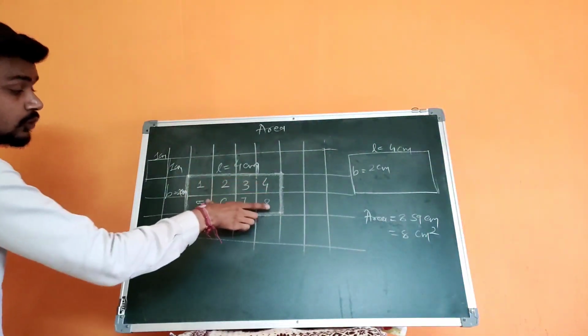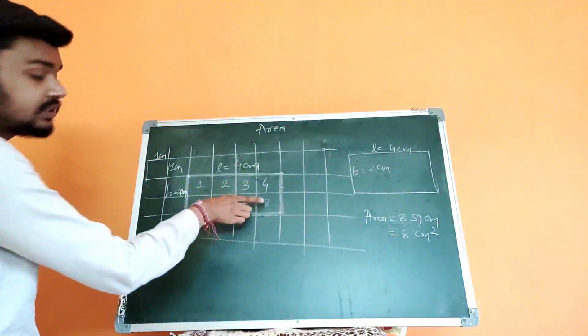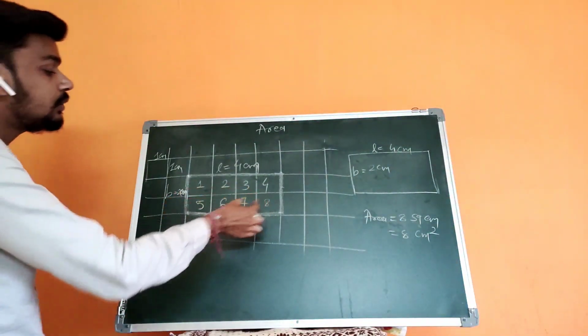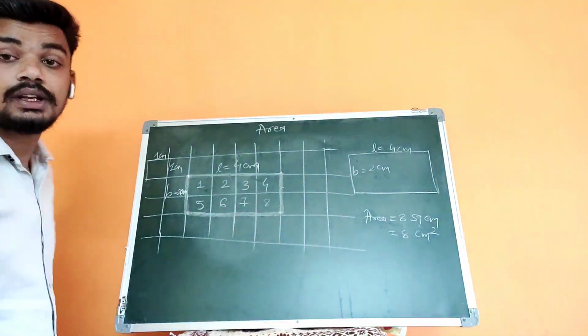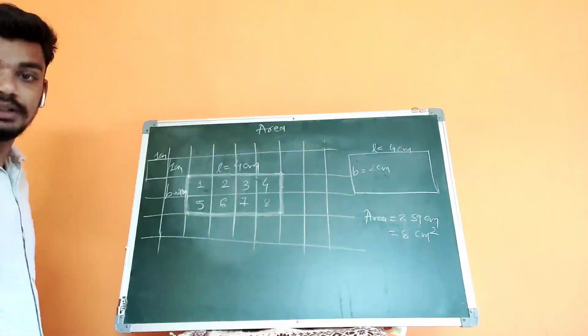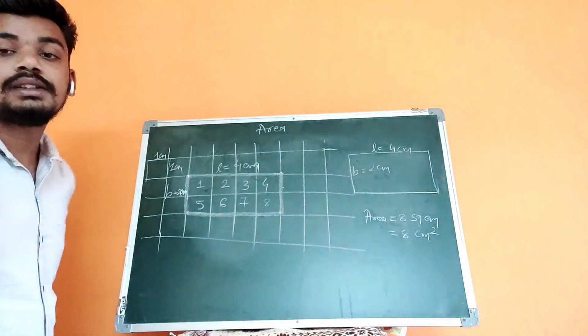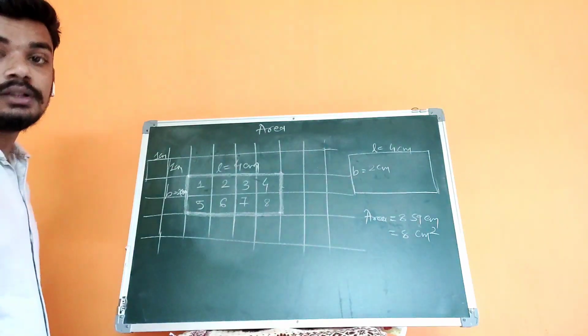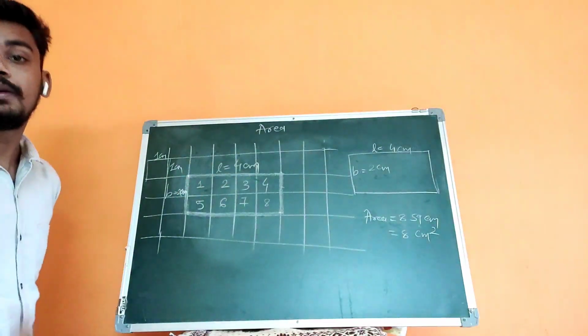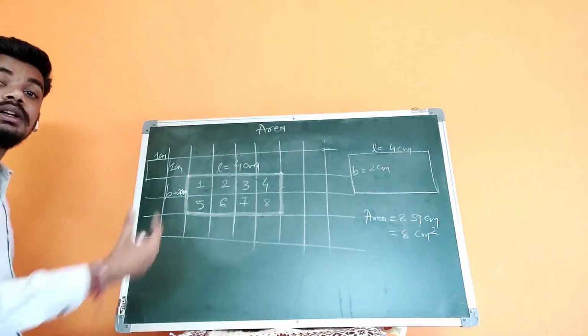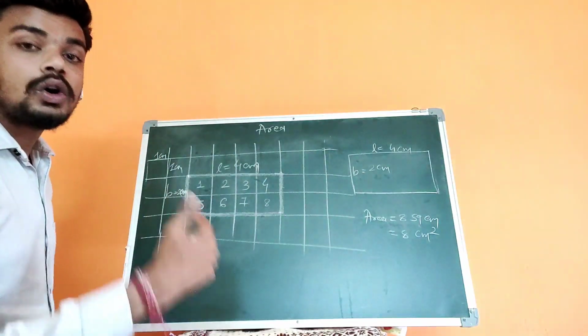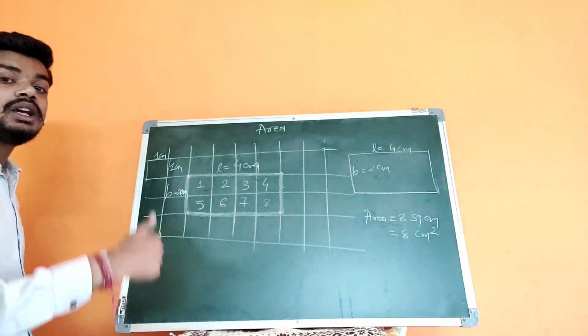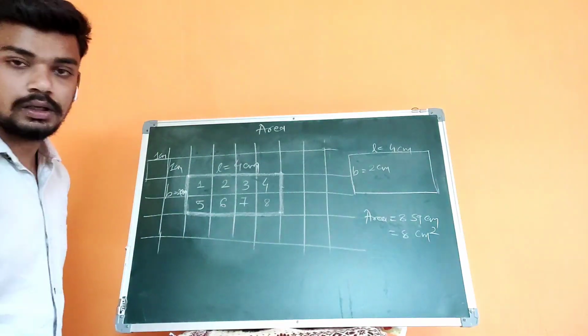So for that surface we need how many units? 1, 2, 3, 4, 5, 6, 7, 8. So 8 units we need. So this 8 is the area of that surface or that plane figure. So in general, what is the definition of the area? It is the region occupied by any closed plane figure.